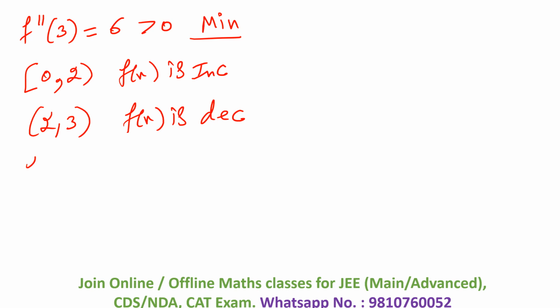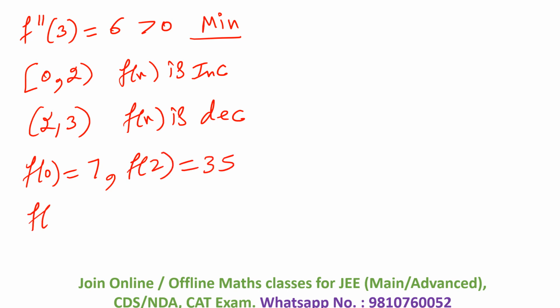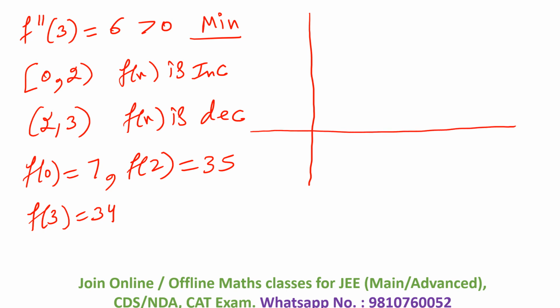Now students, if I find the value of f of 0, it is 7, the value of f of 2, it is 35, and the value of f of 3, it is 34. So if we plot the rough graph of fx, then it is going to be like this, where it attains the maximum value equal to 35 at x equal to 2, and then it comes down to 34 at x equal to 3.